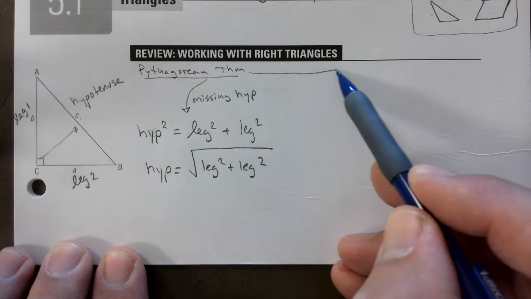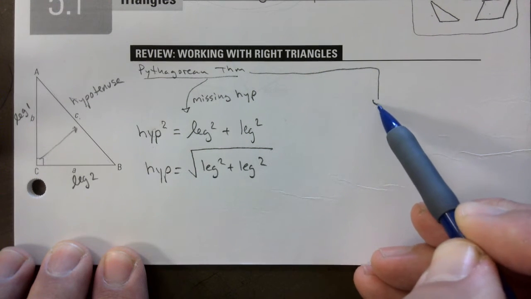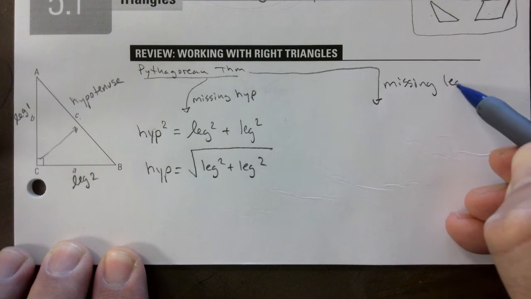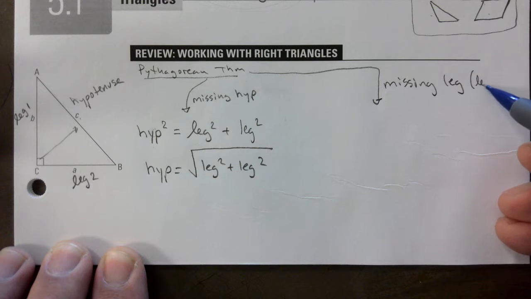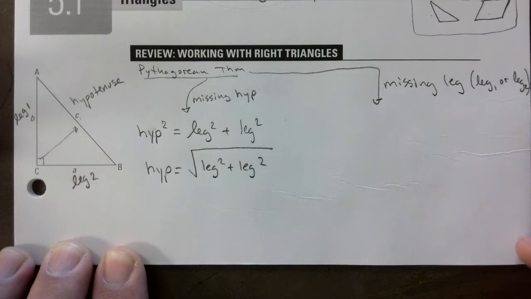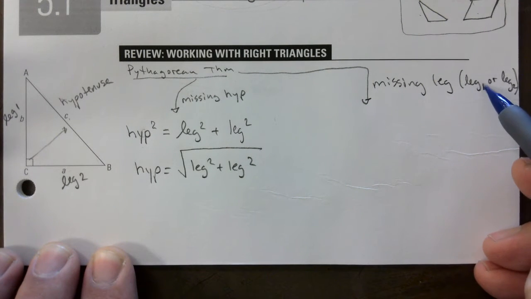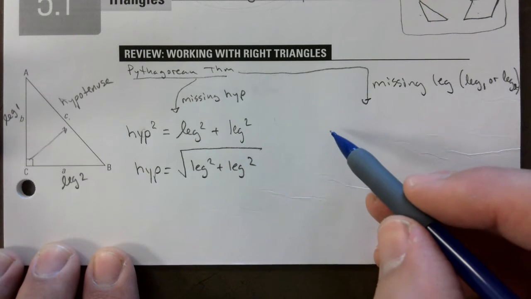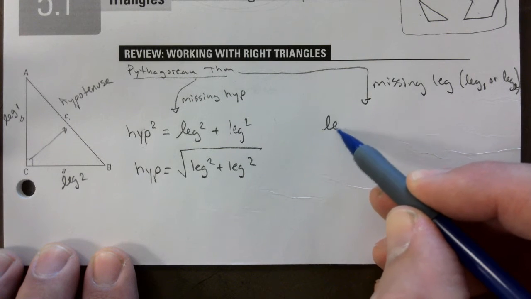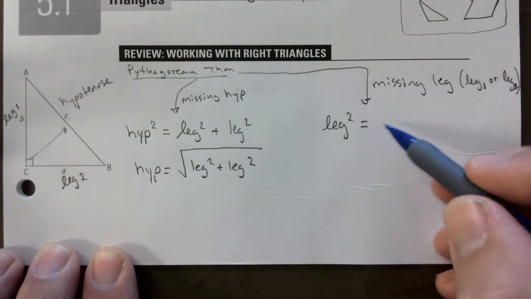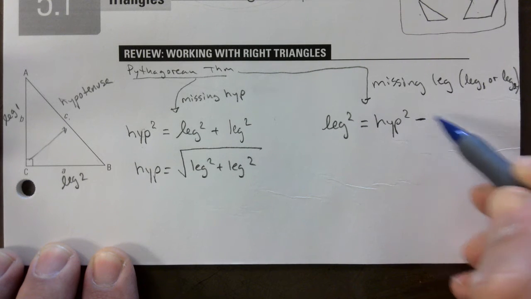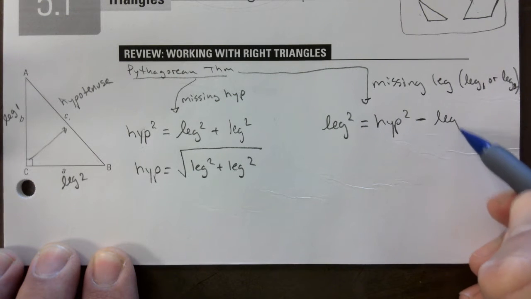The other case is missing a leg. It could be leg 1 or leg 2. It doesn't matter which leg you're missing, it's the same steps. And this is how it goes. Leg squared is going to be equal to the hypotenuse squared minus the other leg squared.